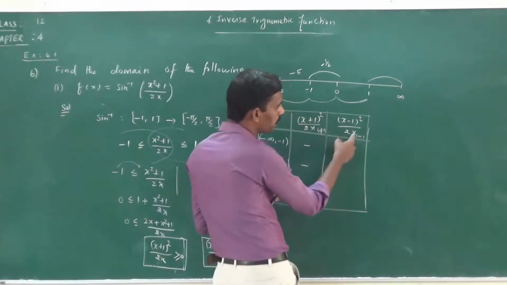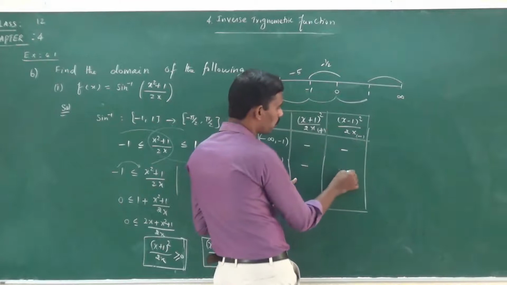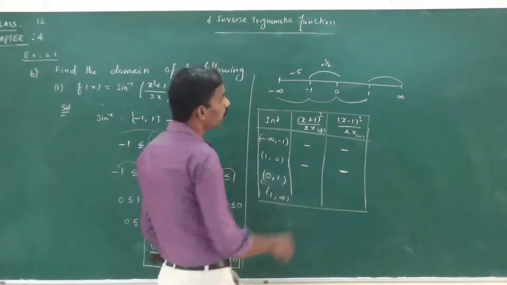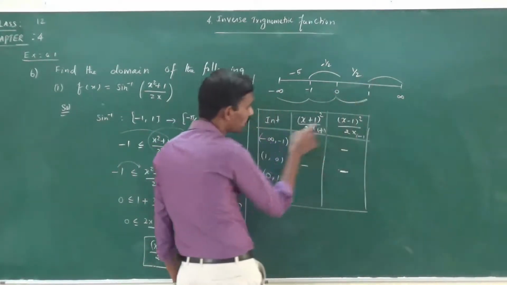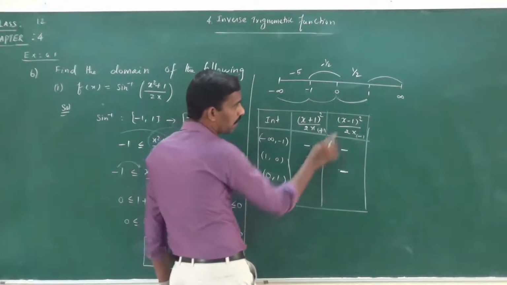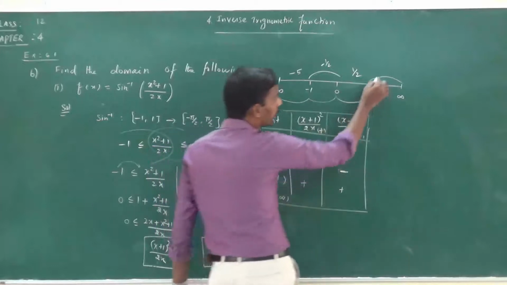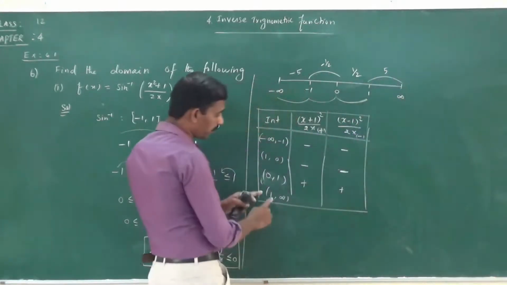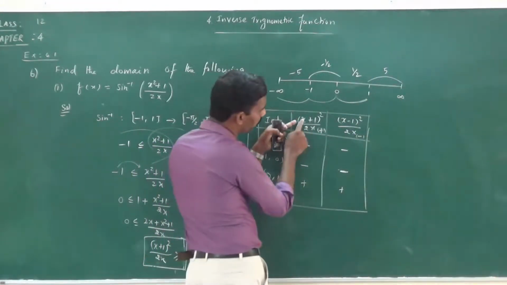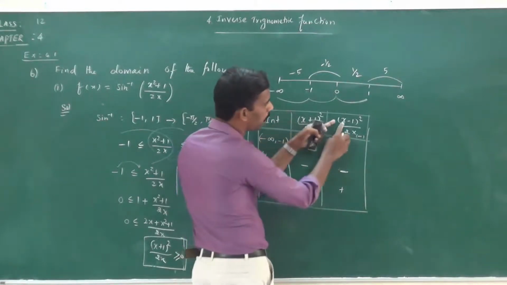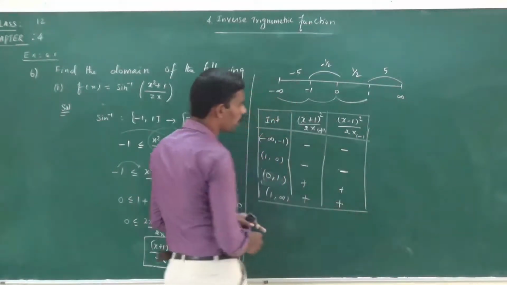Here also, numerator plus, denominator minus, so it is also minus. Now for 0 to 1, we take plus half, so both are plus. Here also both are plus. Now for 1 to infinity, take plus 5. Substituting 5 here, plus, and here also plus.